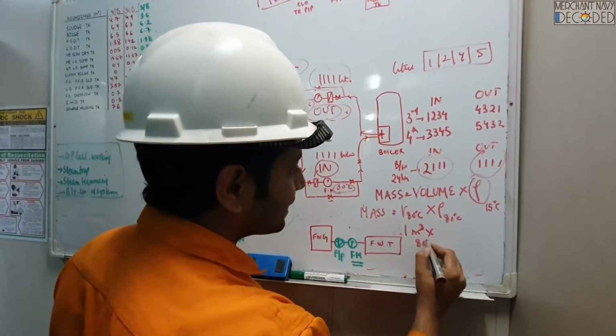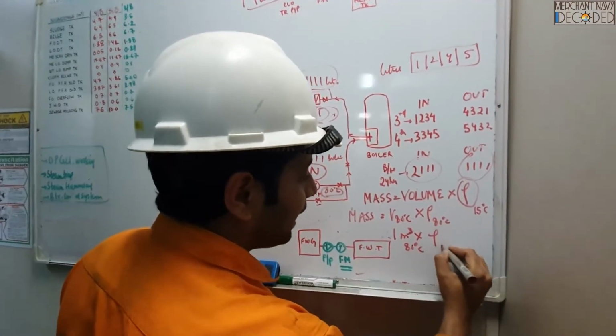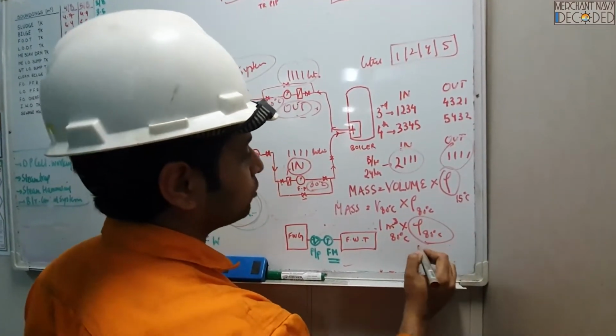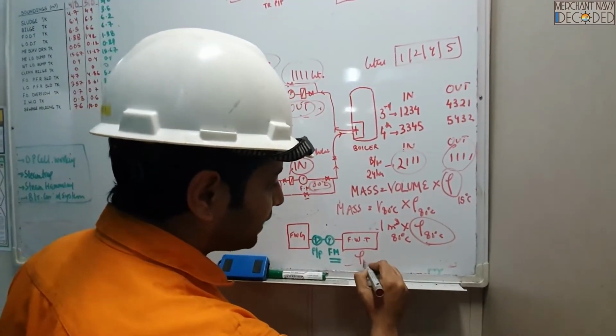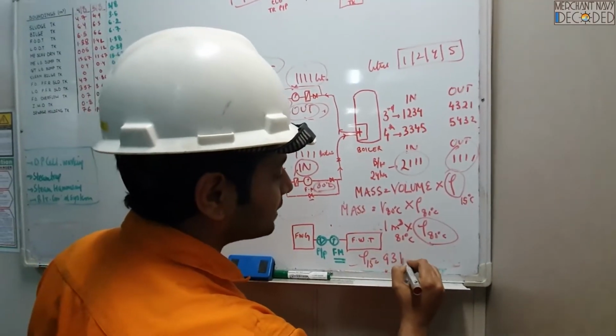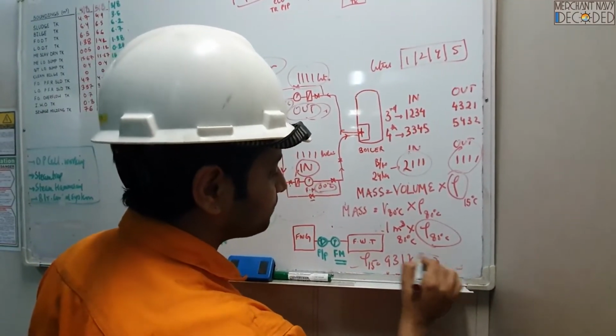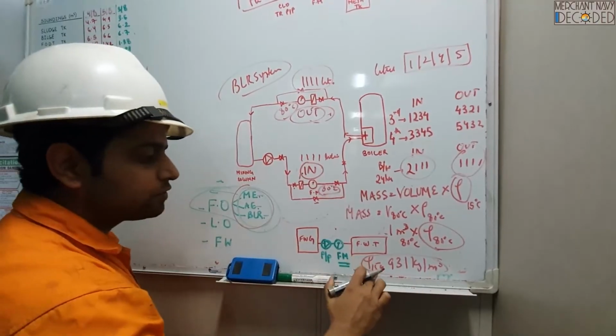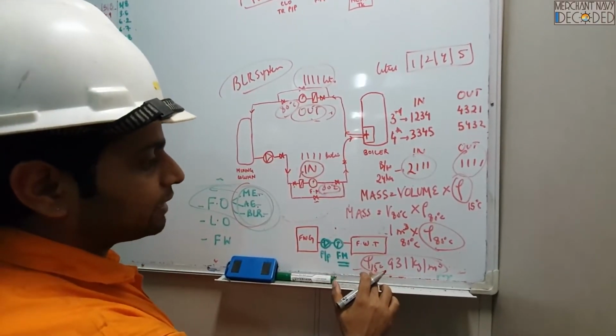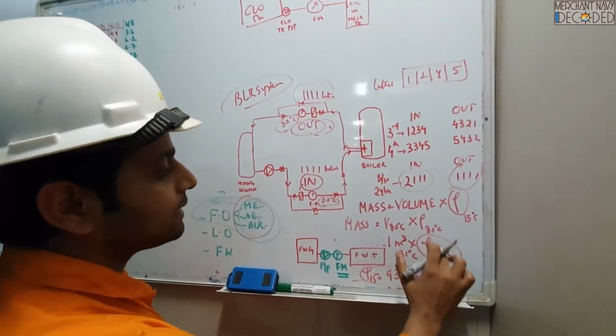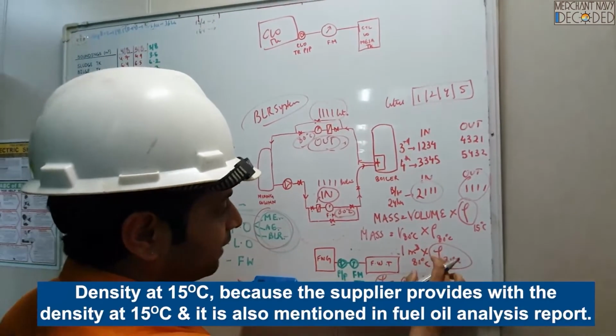This is at 80 degree centigrade. So density at 80 degree centigrade we have to know, but we know density at 15 degree centigrade, that is 931 kilogram per meter cube. So, guys, we have to convert this density at 15 degree centigrade to density at 80 degree centigrade, so that we get the value over here.